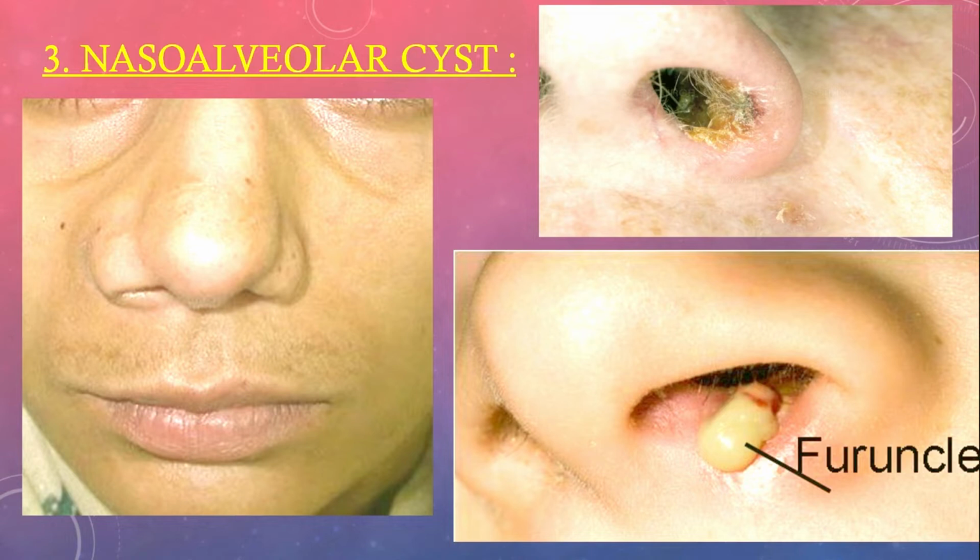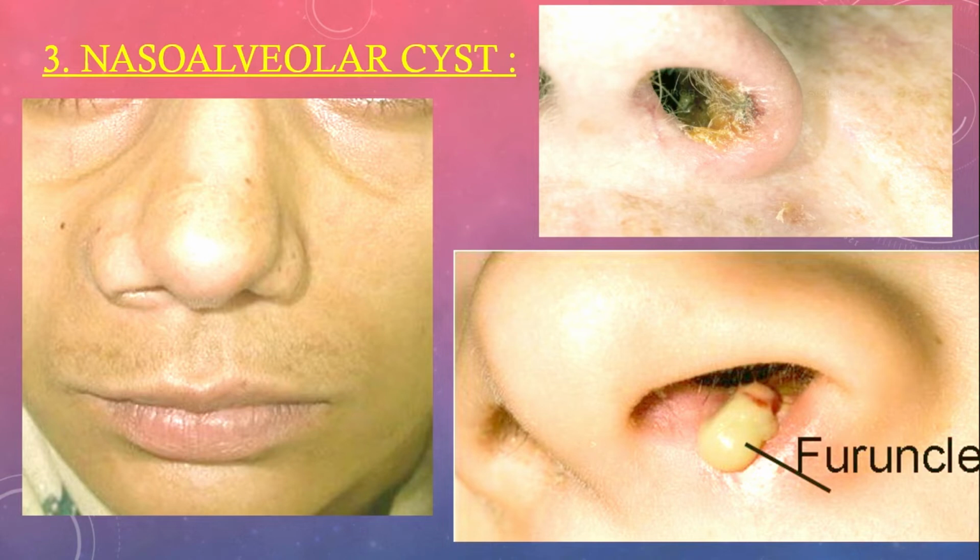The third picture, the first on the left, is a picture of a nasoalveolar cyst, which involves the nasoalveolar area or nasolabial fold area. It is underneath that area, the nasolabial fold.